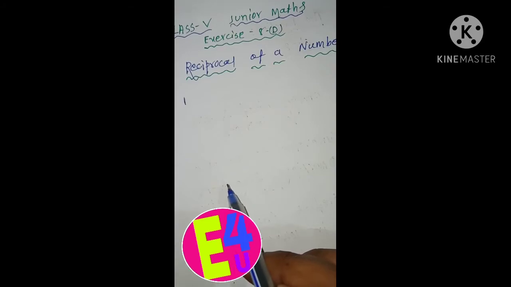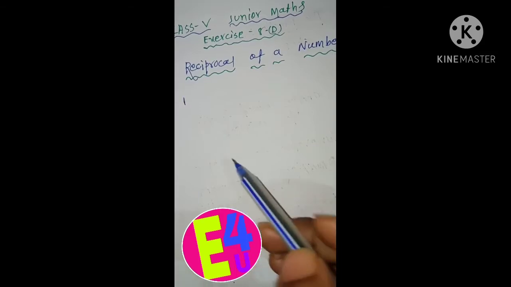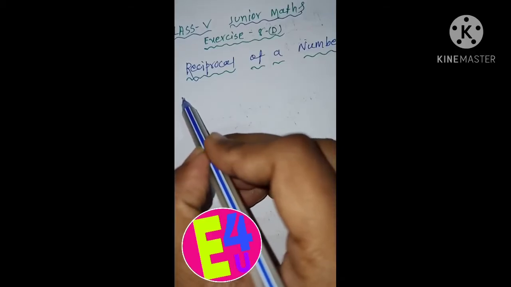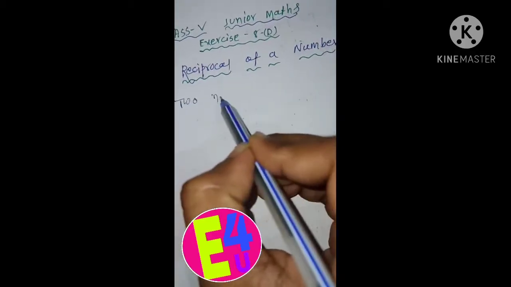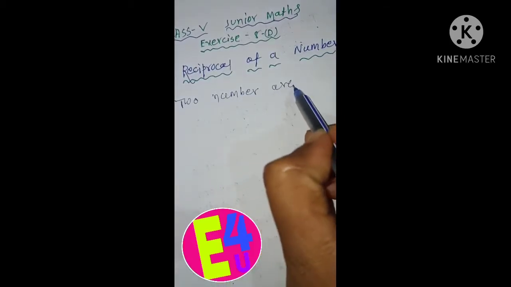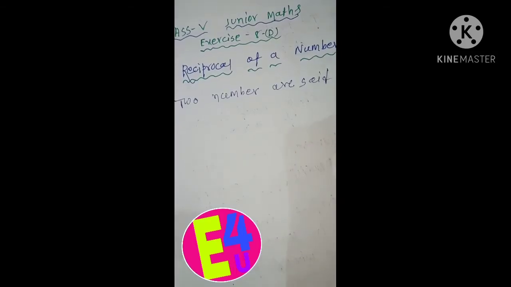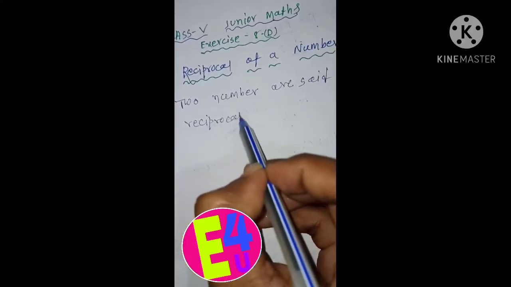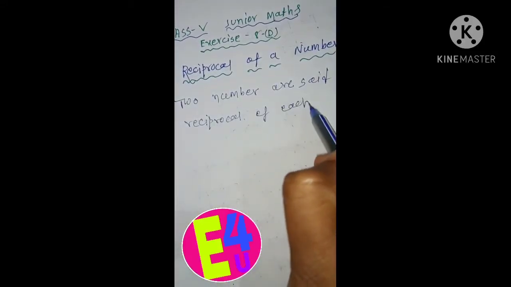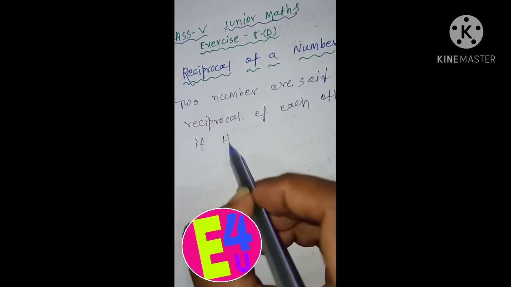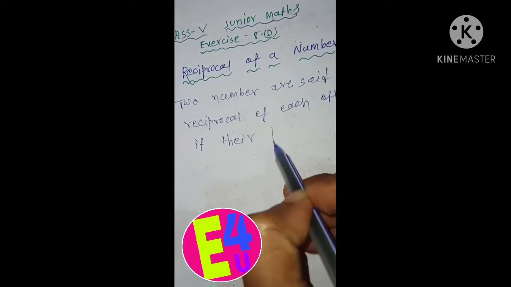So in this video we will discuss the reciprocal of a number, class 5 junior maths exercise 8D. Whenever you say the reciprocal of a number, it means that two numbers are said to be reciprocal of each other if their product is 1.